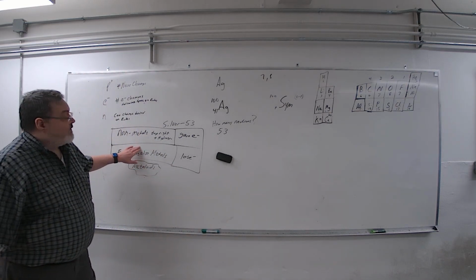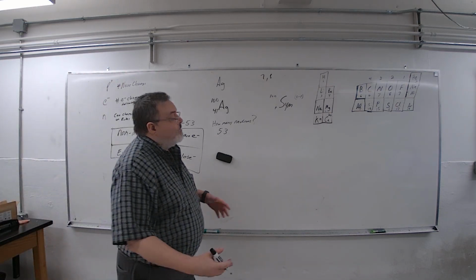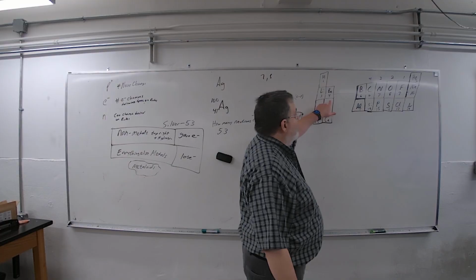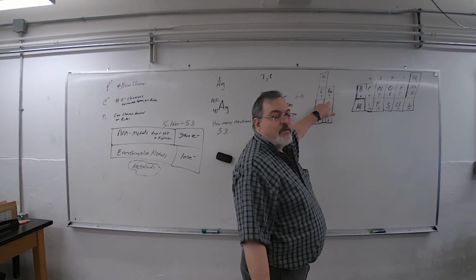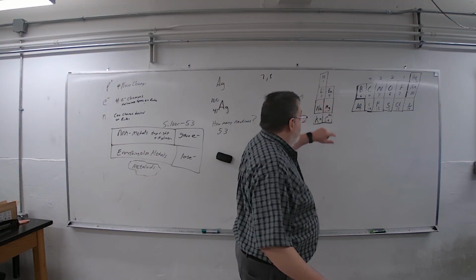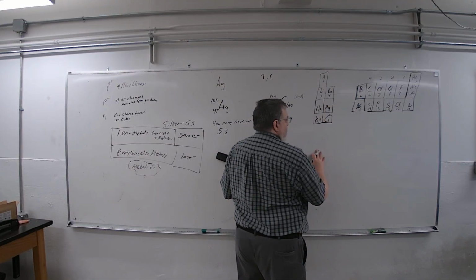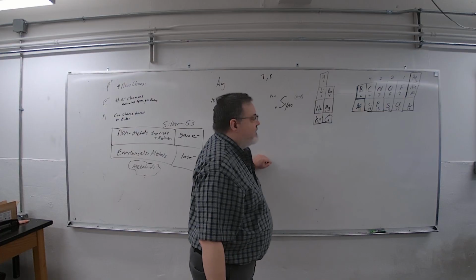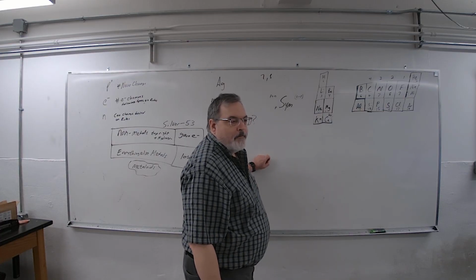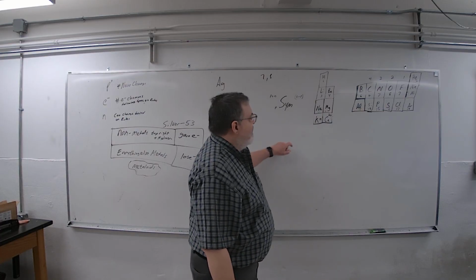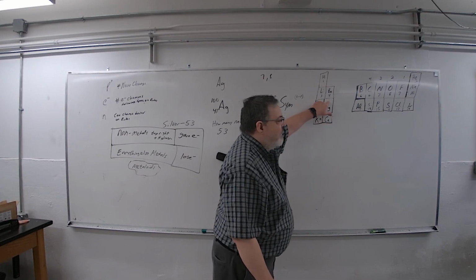When you're talking about the metals, they tend to lose electrons. So you can still point at them on the periodic table and count to figure out how many they're going to lose. For the neutral magnesium atom, how many protons does it have in its nucleus? 12.